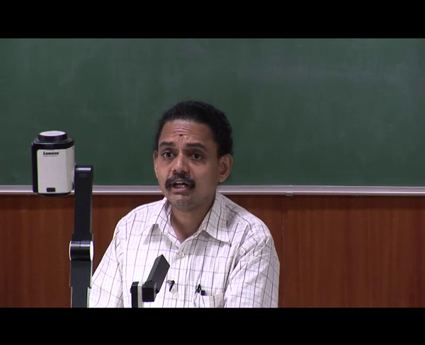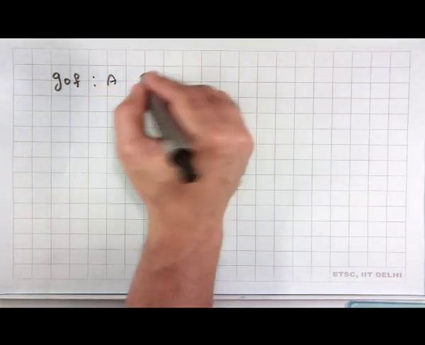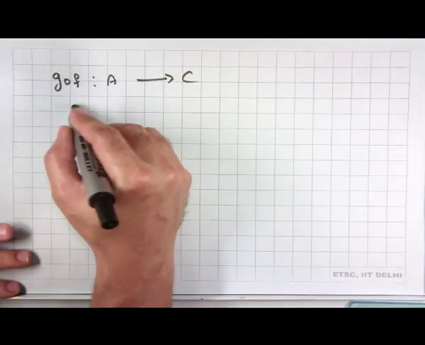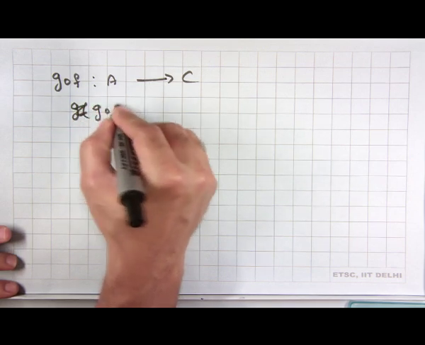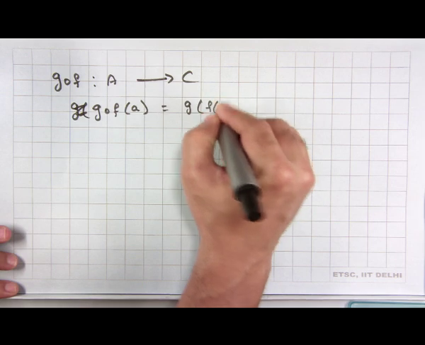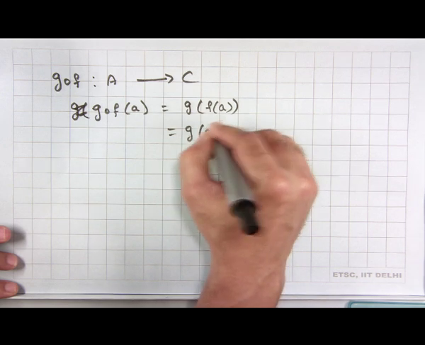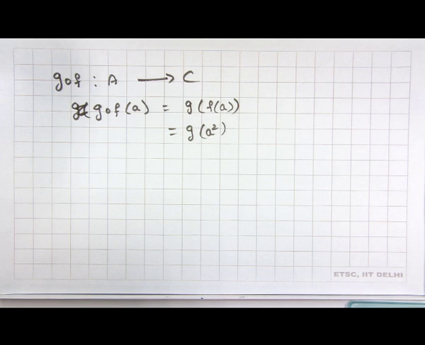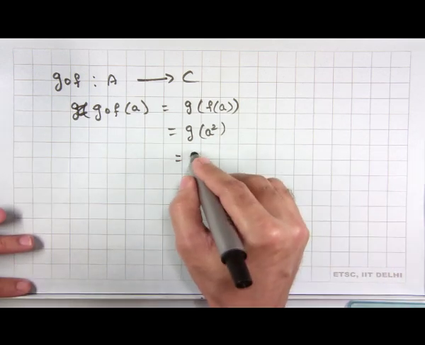Now, let us try to look at the composition of these two functions. Let us try to compute g composed with f as a function from A to C. Now, g composed with f at a equal to g of f of a, which is given as g of a square, but a square is always a perfect square, and therefore this is going to give me just square root of a square.